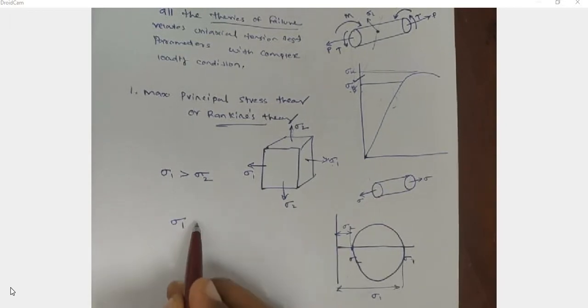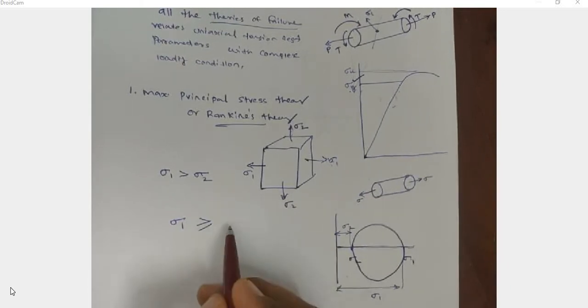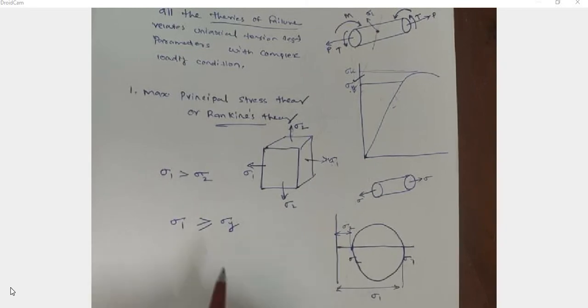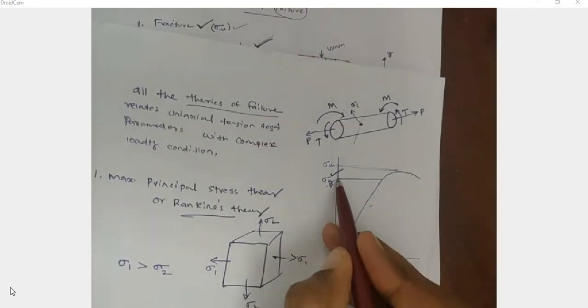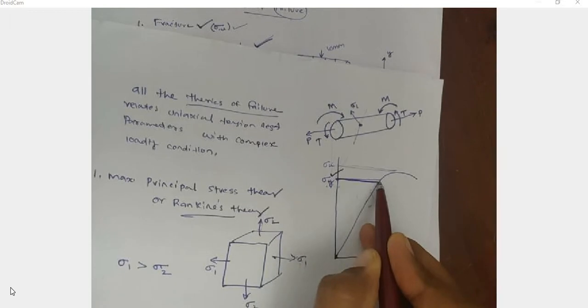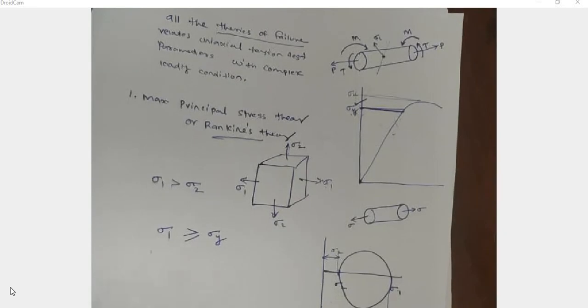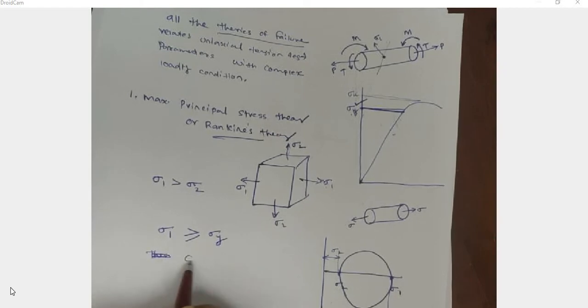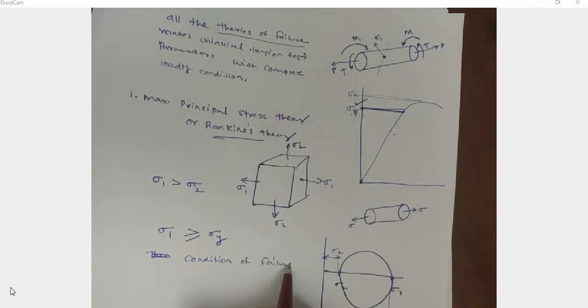If it is greater than or equal to sigma y, which is the yield stress of this material, then there will be a failure. So this is the first condition of failure.